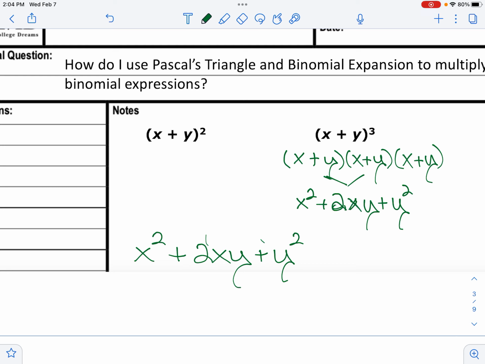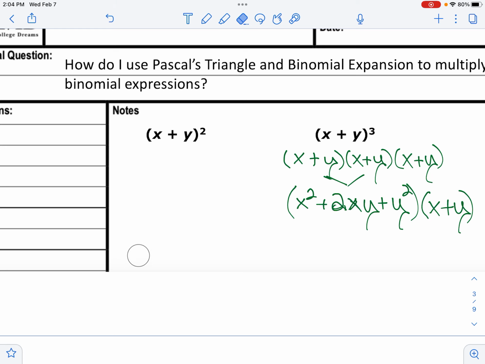Okay. Now, in order to figure out what my answer is for (x + y) to the third, I need to bring this part down and multiply and figure out what I get. Okay, I'm going to give myself a little extra room here.